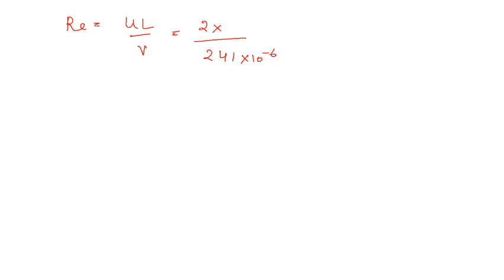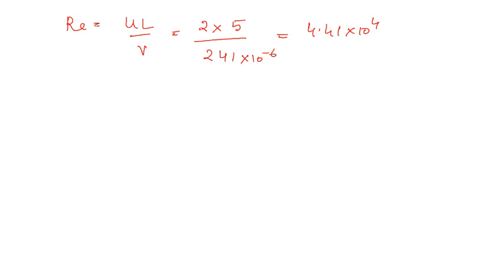The length is 5 meter, as mentioned here. So if I substitute here, I'll get the answer to be 4.141 into 10 to the power 4. So once again we have got a Reynolds number that is laminar, right?